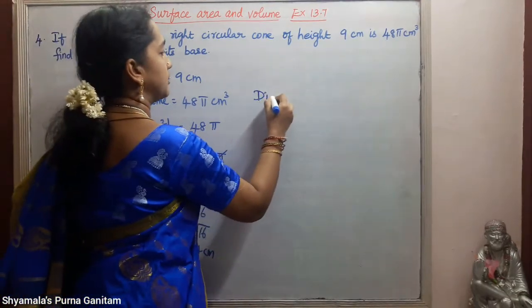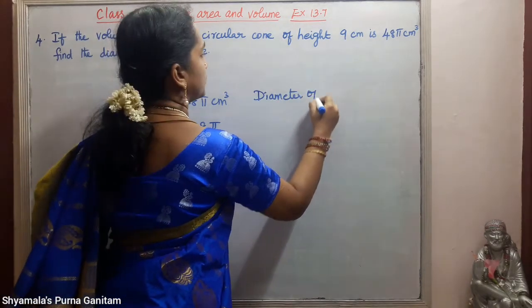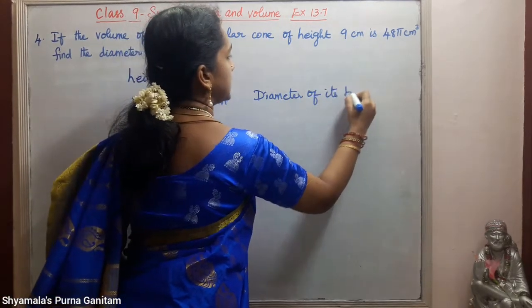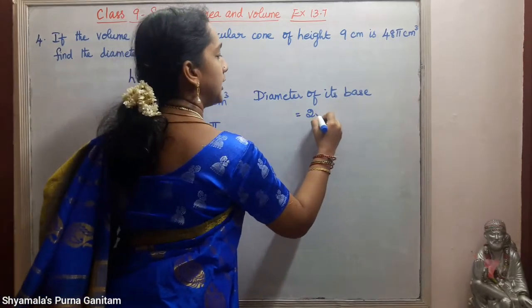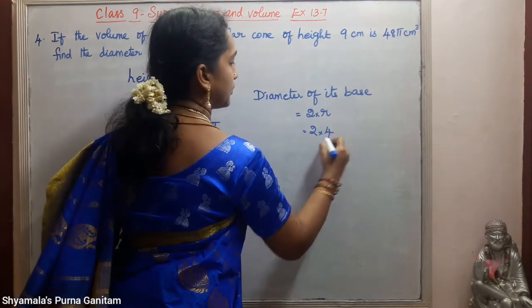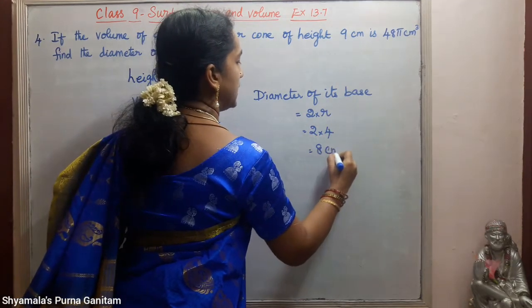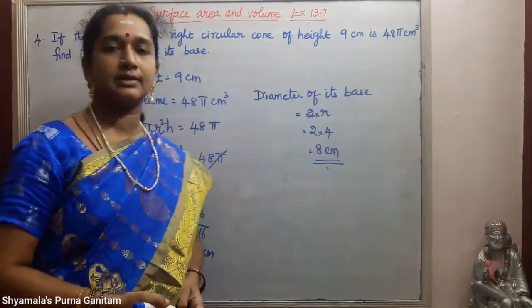So diameter of its base is equal to 2 into r, 2 times radius. So 2 into 4, 2 4's are 8 centimeter. So that is the diameter of the base.